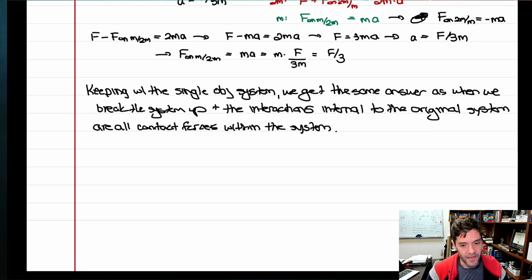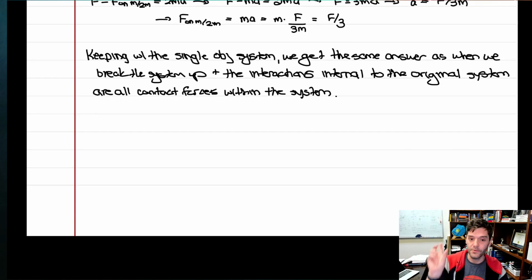But we could have said something about the entire bulk system as a whole without having to break it up into bits. Just like how I can say something about this apple as a whole without having to analyze every individual atom that makes up this apple. If I treat the entire system as a whole and there's no relative motion going on within the apple, then I can get the same correct answer just by focusing on the forces acting on the system externally, knowing that all the additional interactions going on within the apple are Newton third law pairs that cancel each other out overall to determine the bulk motion of this thing.